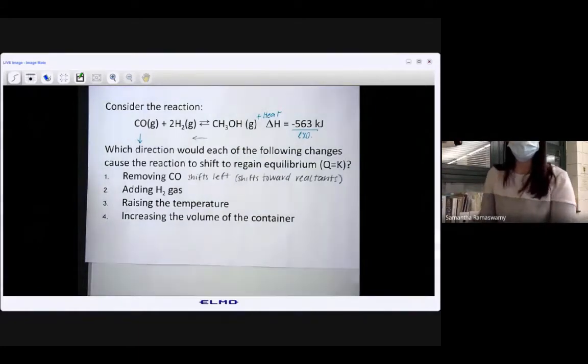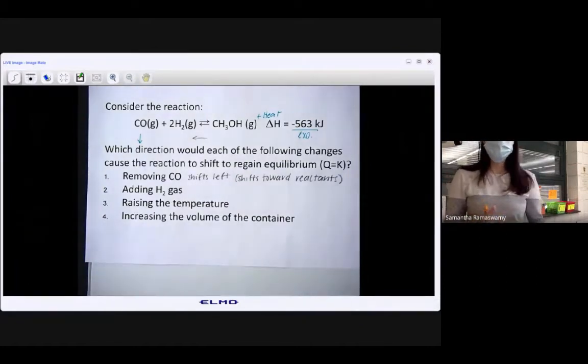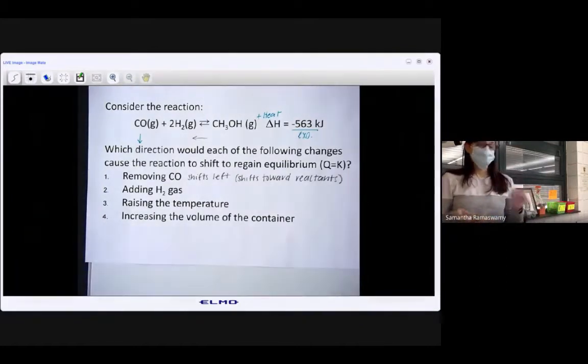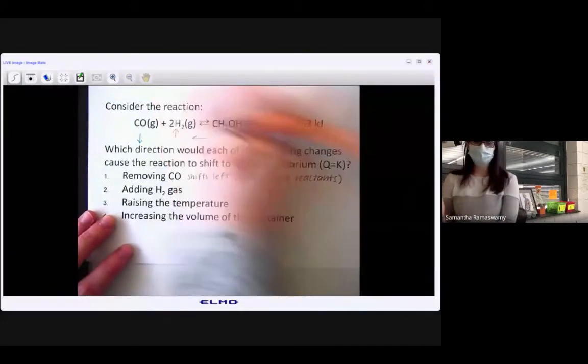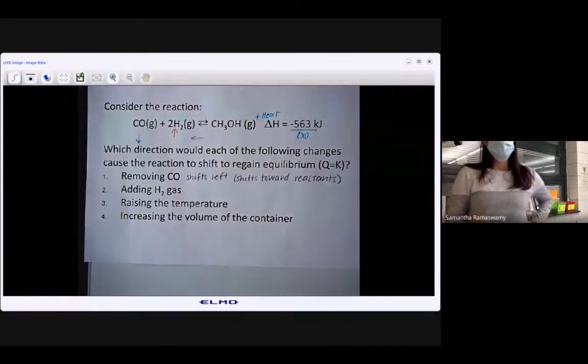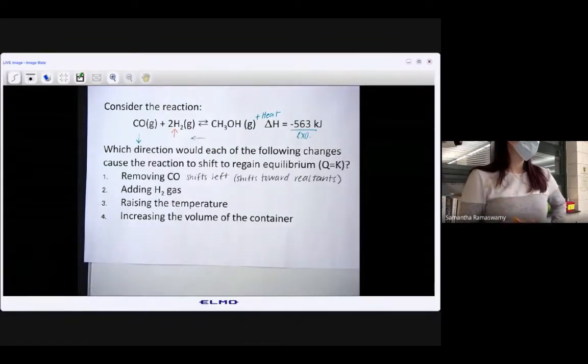Number 2, for adding H2 gas. So now we're back to equilibrium. Now we're adding H2 gas. I'm going to try to do it in a different color. So we're adding more H2. Now we're not at equilibrium because we've added more reactant. So now we have too much reactant.